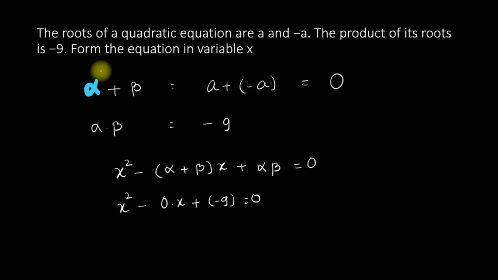Here we see that the coefficient of x is 0. So we get the quadratic equation x square minus 9 equal to 0. So this is the pure quadratic equation. A pure quadratic equation is one in which the coefficient of x is equal to 0. So this is our pure quadratic equation, and this is the answer of the given question.